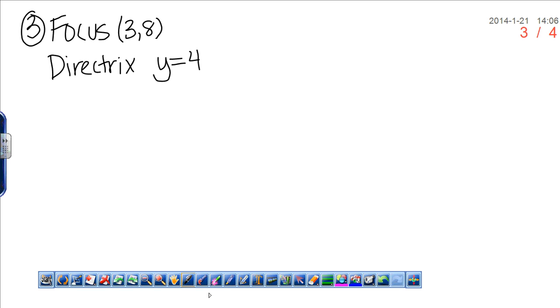It's like 1, 4, 3, 4, 5, 4, 6, 4, and etc. First figure out which direction this is going to open, and then figure out what else you need to create your equation.